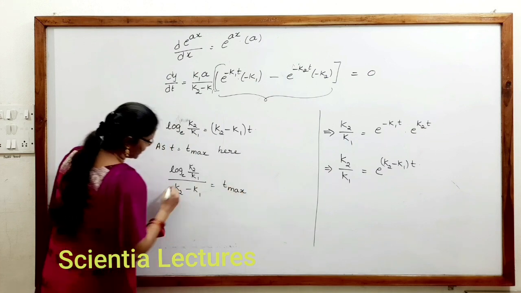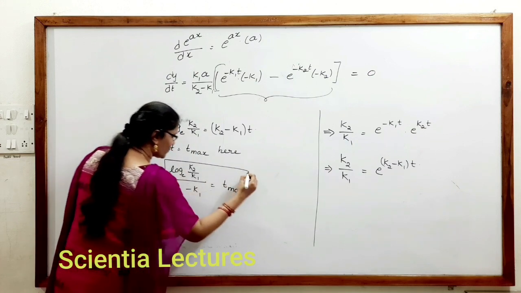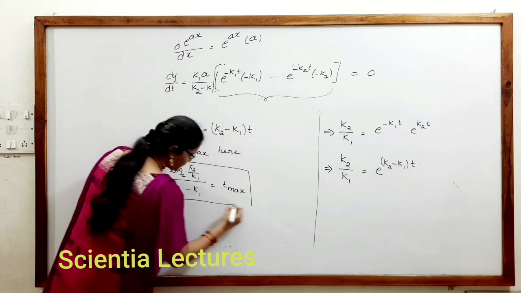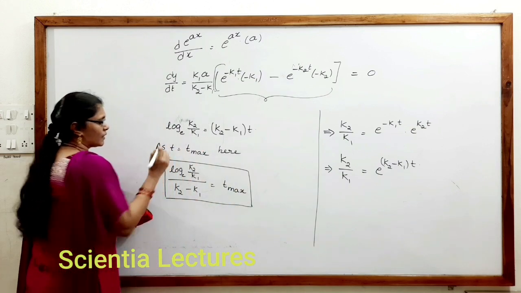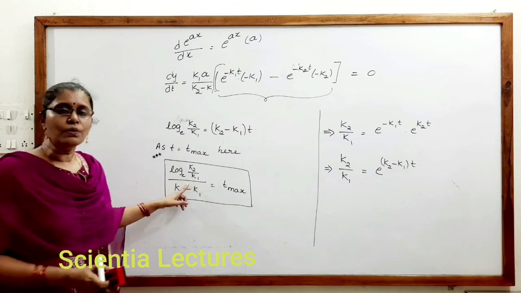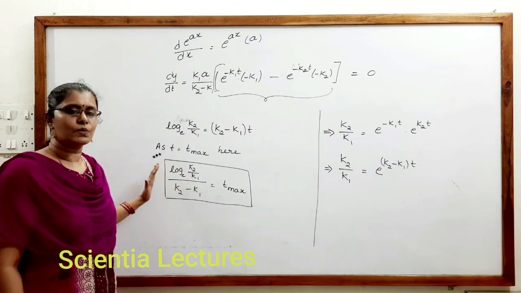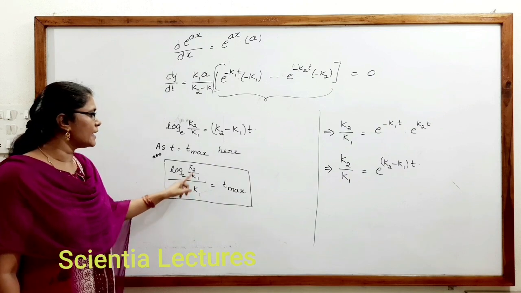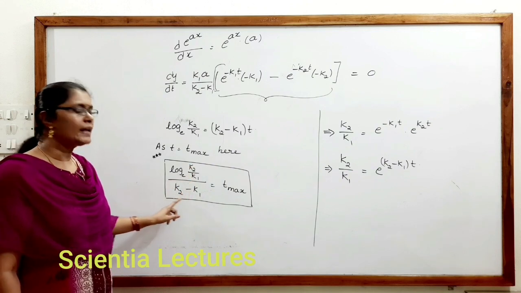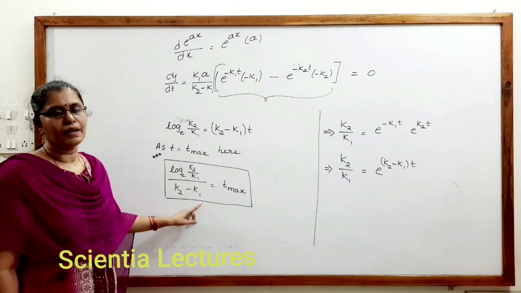Generally, in consecutive type of reactions, K2 and K1 will be given to you, and they ask you to calculate t max. How to calculate t max? t max equals log base e K2 by K1 by K2 minus K1 is the t max value.